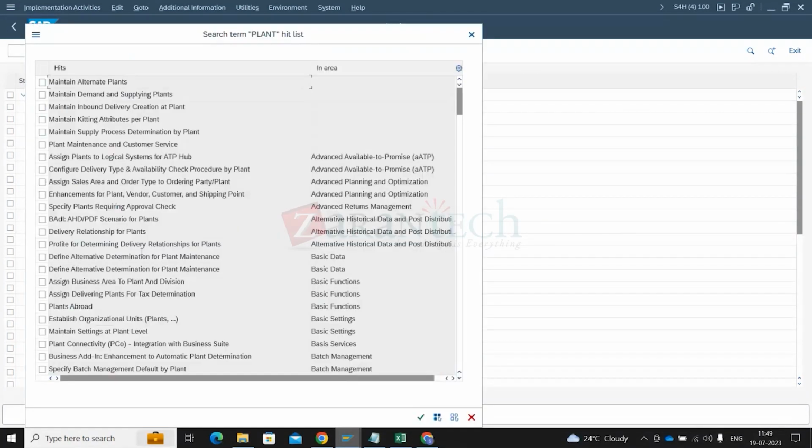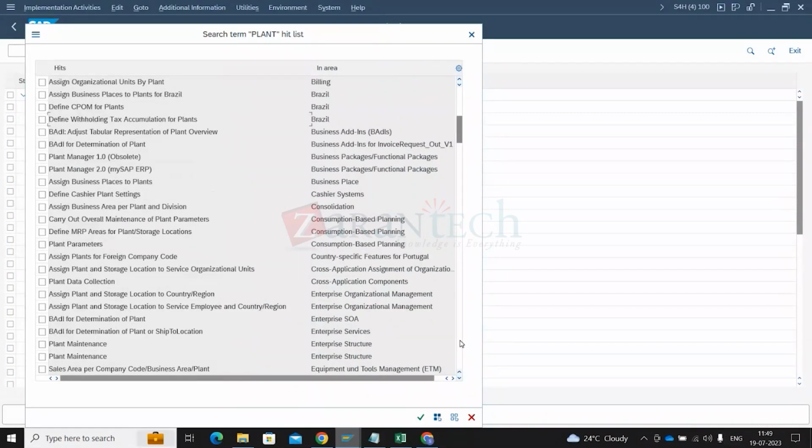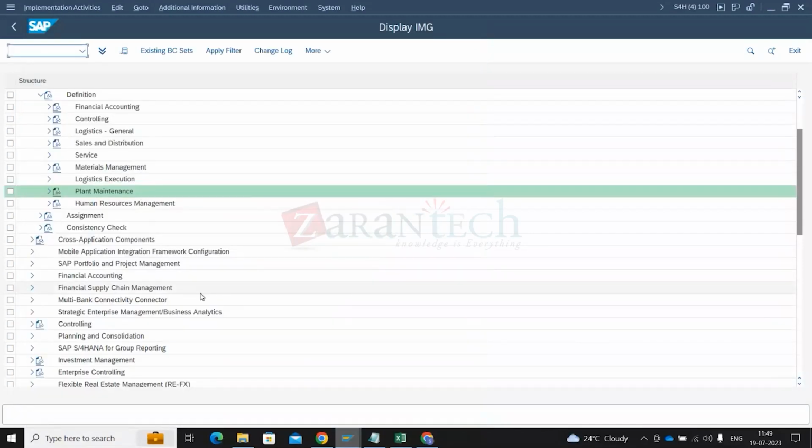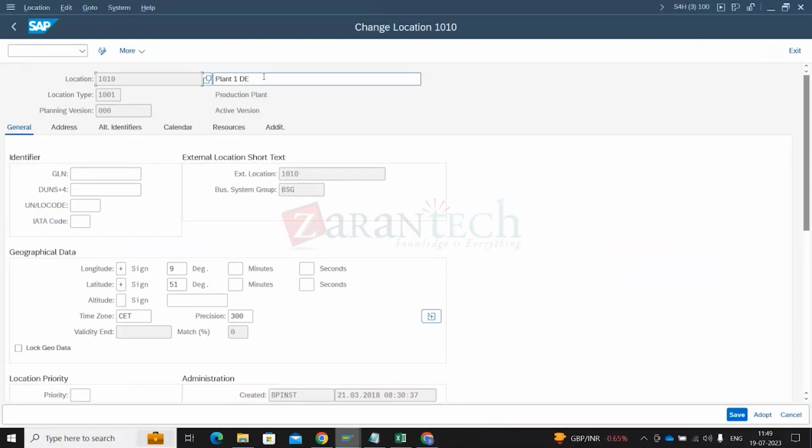I know the table actually, because we rarely have to do that on S4. Plant maintenance, let's try it here. What I want to demonstrate quickly is that an integration model is not required, but the moment I change the description of the plant there in S4, it would be updated here immediately.